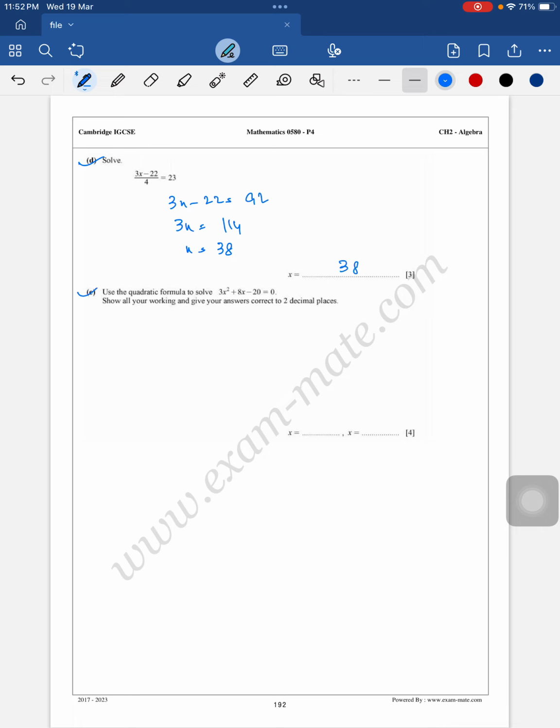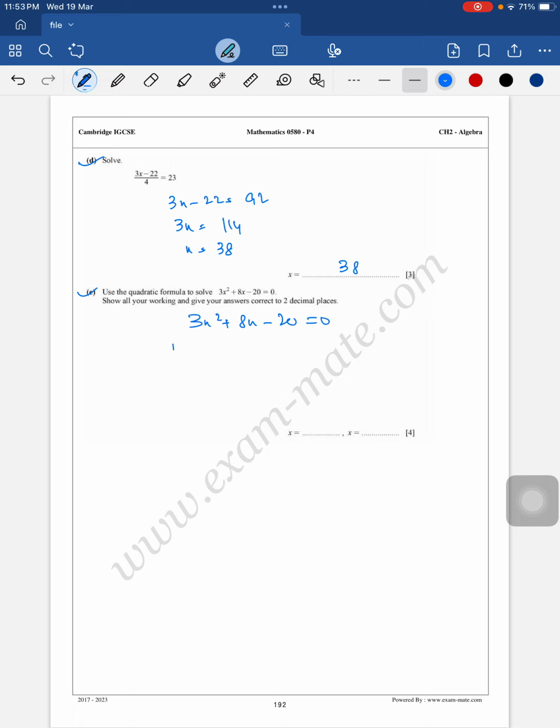Part E. Use the quadratic formula to solve 3x squared plus 8x minus 20. Right? Apply the quadratic formula. So 3x squared plus 8x minus 20 equals 0.